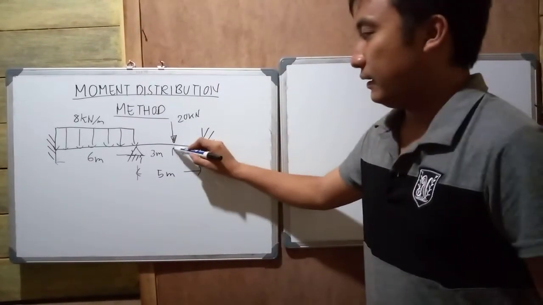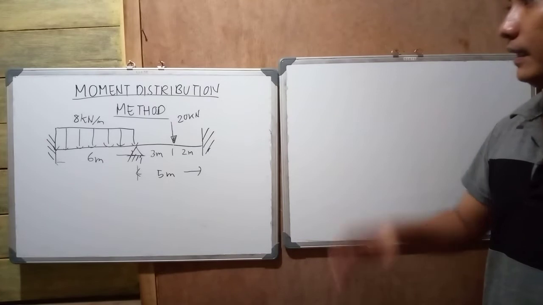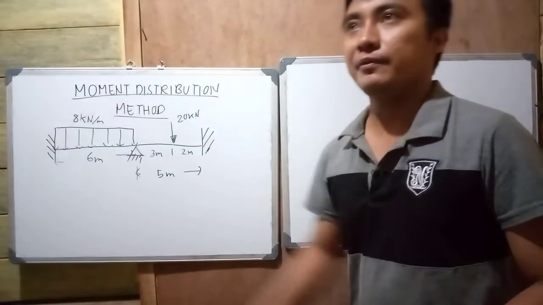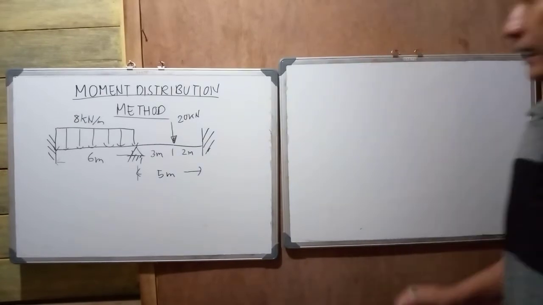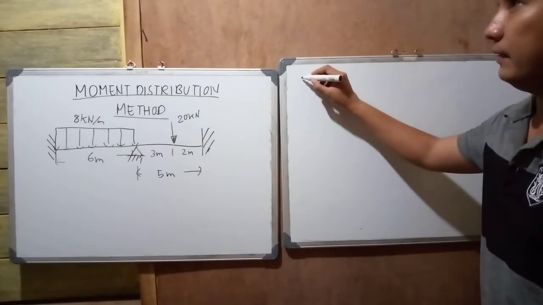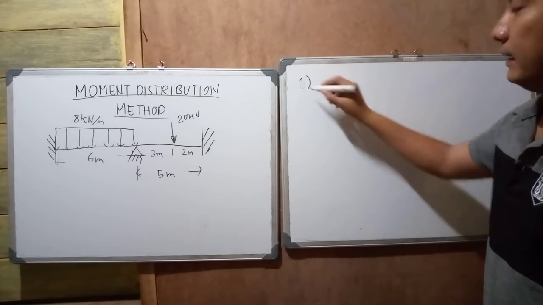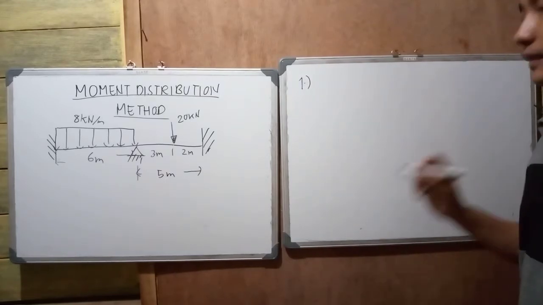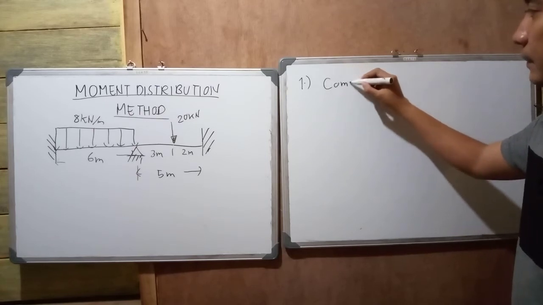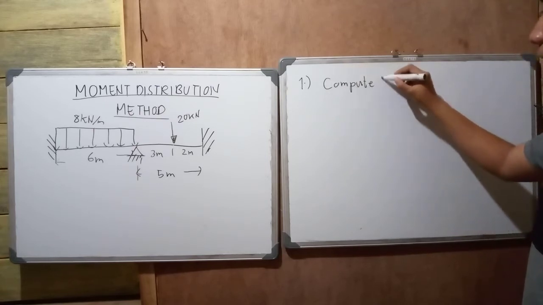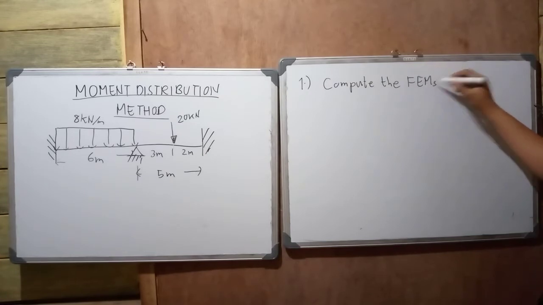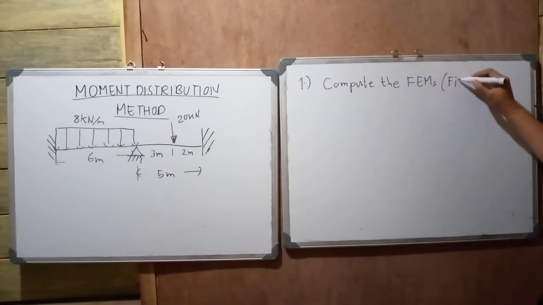Okay? So ganito. So how do we solve this beam using the moment distribution method? First of all, let me write down the steps we must go through. First of all, we must compute the FEMs, the fixed end moments.